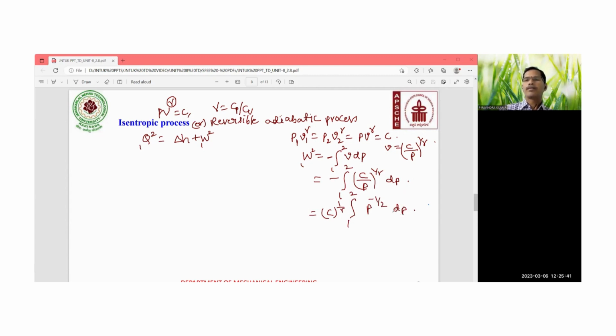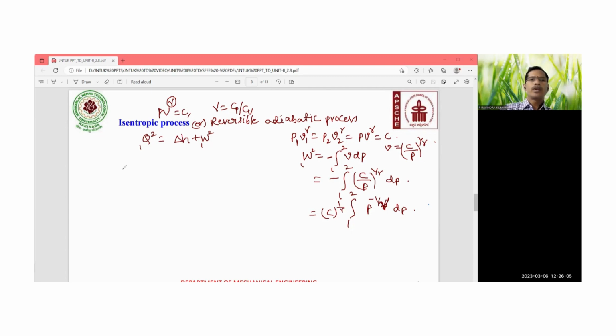So this is P to the power of minus 1 by gamma. Integrate this particular case.